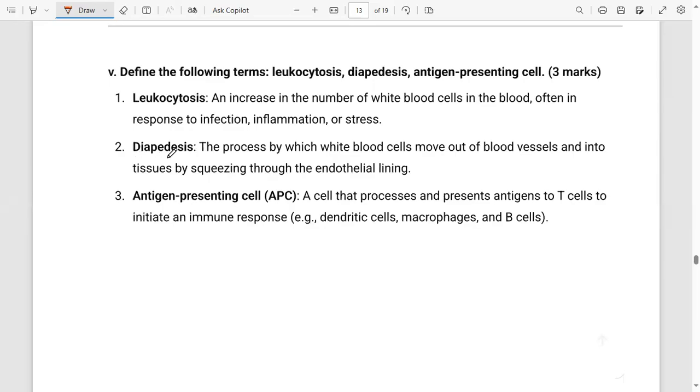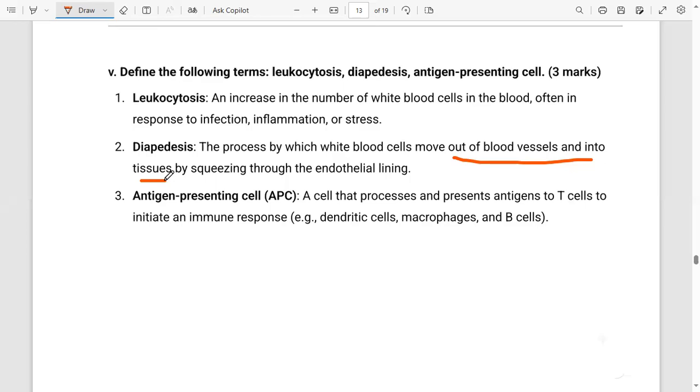And then diapedesis. What does this mean? This is just the process by which the white blood cells move out of the blood vessels and go into the tissues by squeezing through the what?